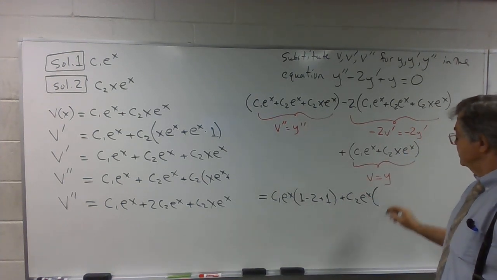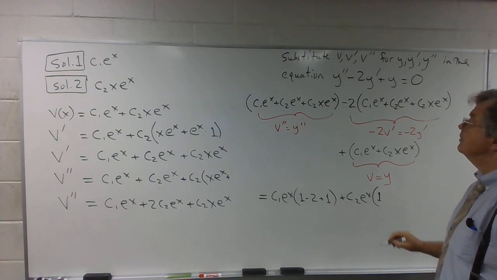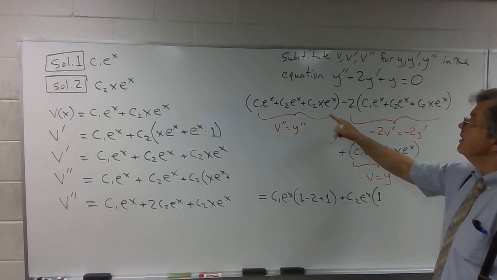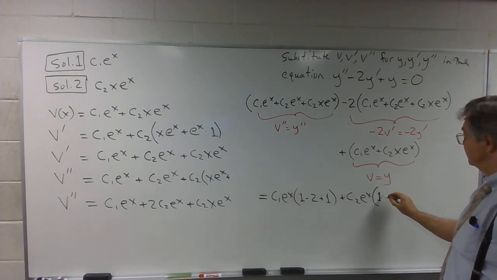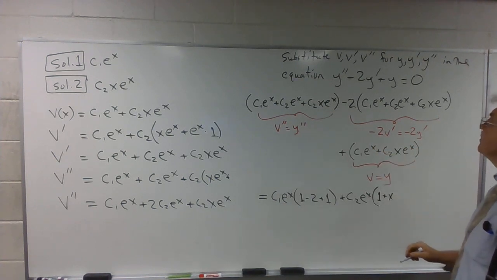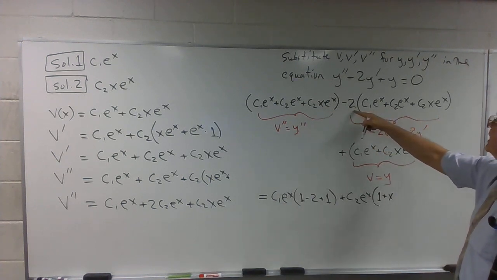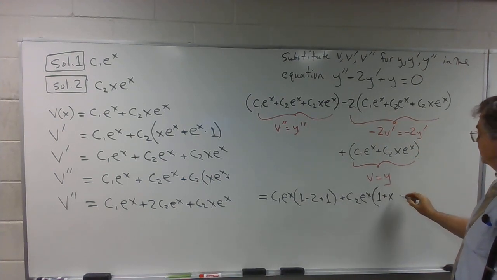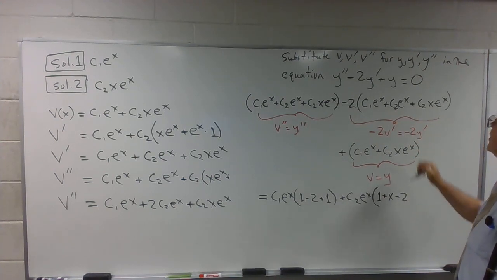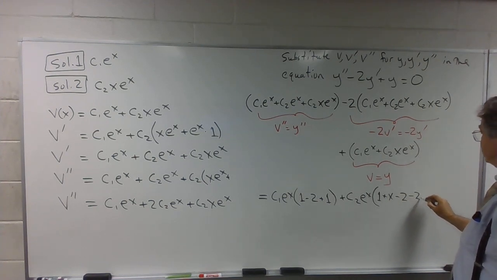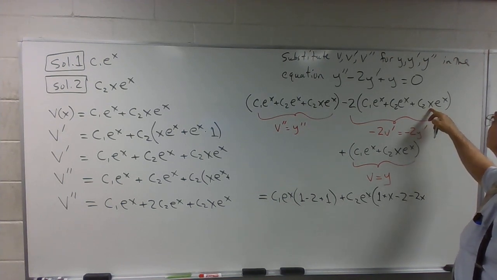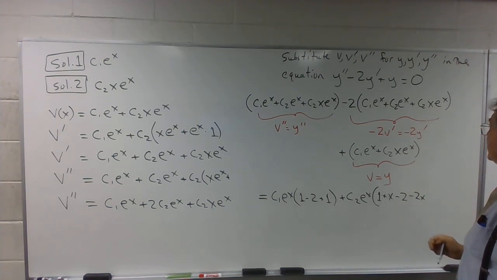Here's 1 c2 e to the x plus x c2 e to the x. We have minus 2 c2 e to the x and minus 2x c2 e to the x.